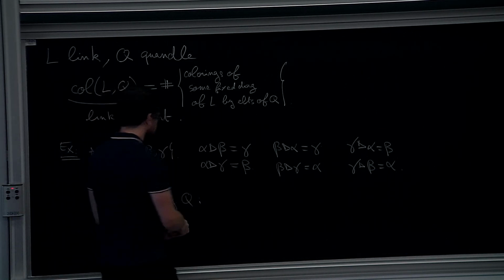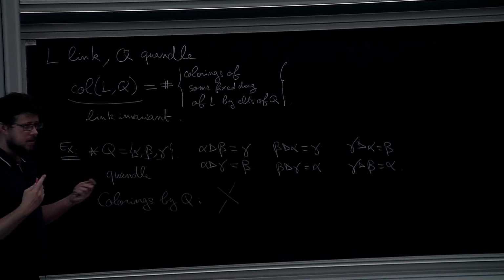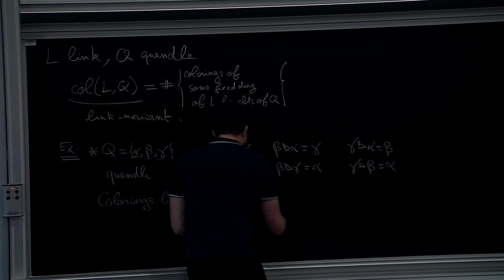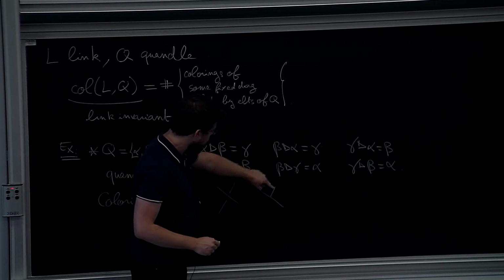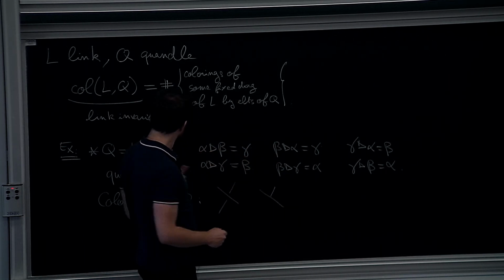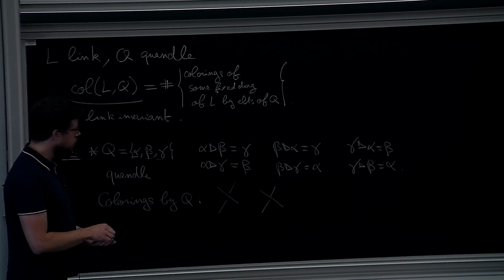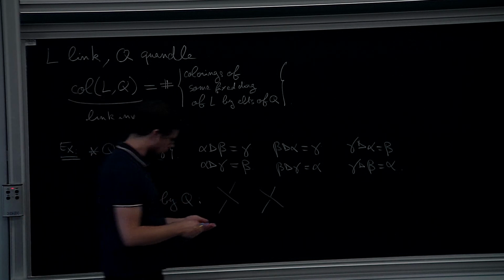Either you have only one color, and this is the idempotent law, or you have 2 colors, and then since the action of the red will switch yellow and blue, you have to have the other color. So actually a coloring by this is a tri-coloring of the diagram.